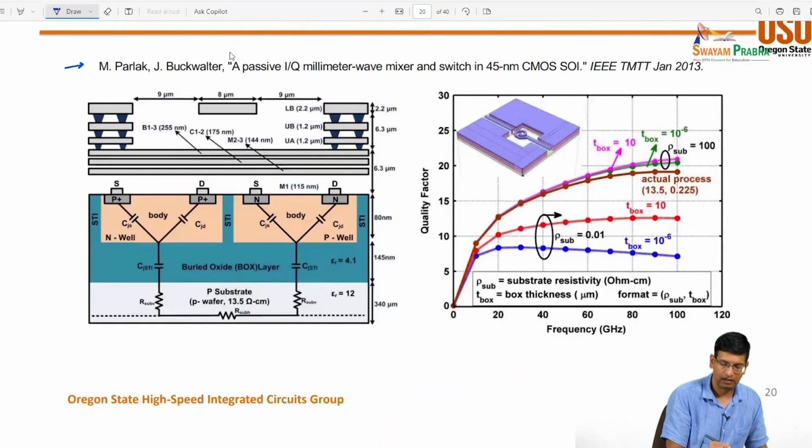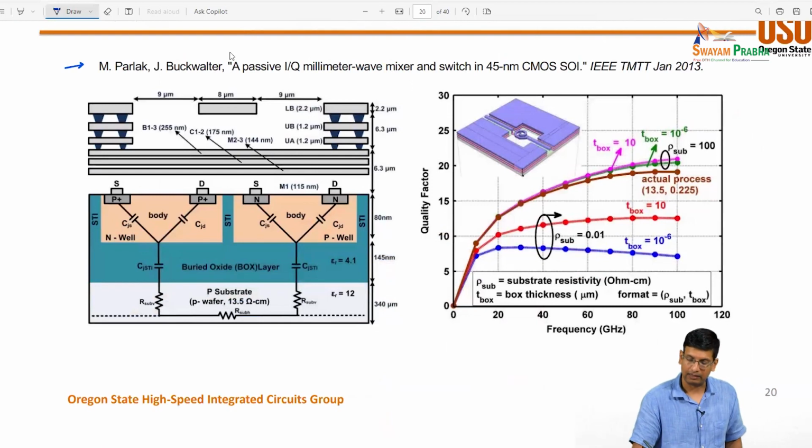overall you can also see, I mean, there's one simulation that is worth looking at from this paper, right, where they looked at the impact of substrate resistance on the Q, right? And what they showed was that you can get to these high Qs as you increase the substrate resistivity, right?